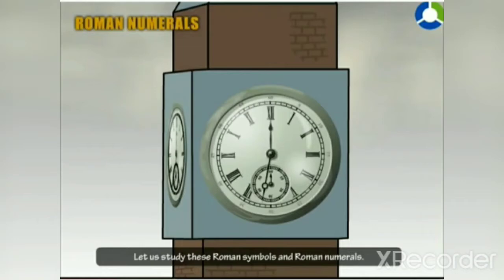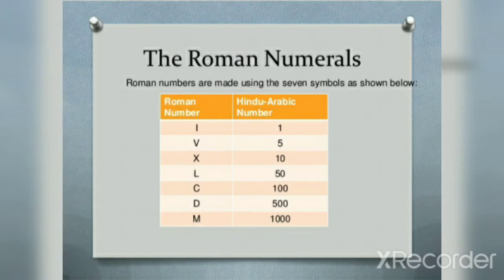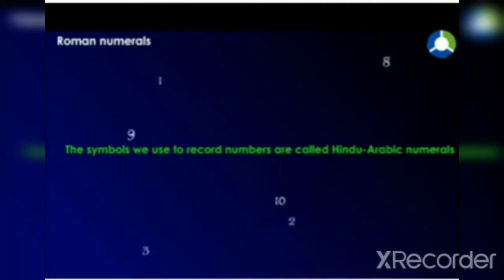So, let us study these Roman numerals in detail here. Any number can be created using these 7 symbols in Roman, as I told you earlier. The numbers that we use in our day-to-day life are called Hindu-Arabic numerals.